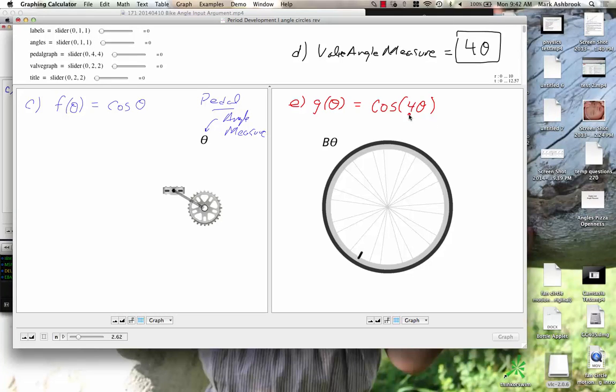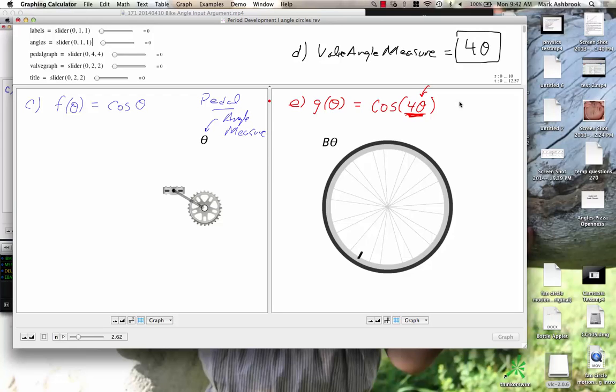Okay, so let's look at it again. Which angle is theta? Angle of the pedal. But if we want something about the position of the valve, then what needs to go into cosine? Valve angle. And then if we do cosine, it'll give us the horizontal position of the valve.